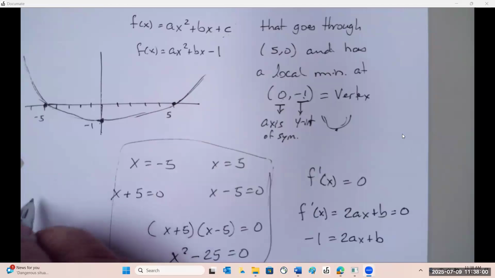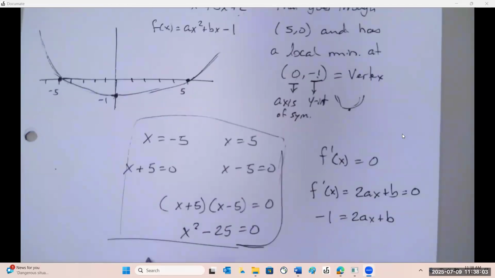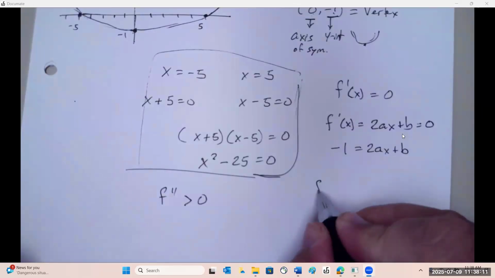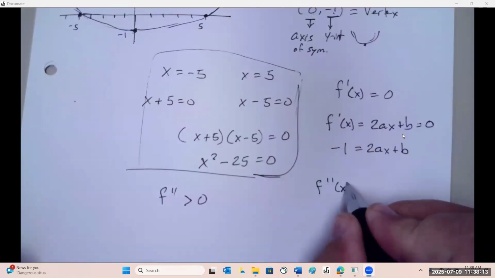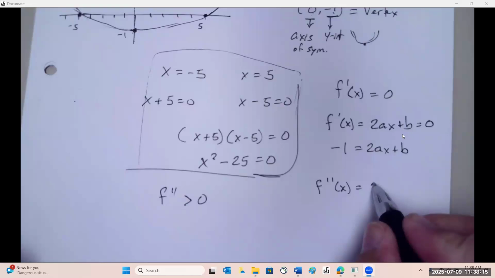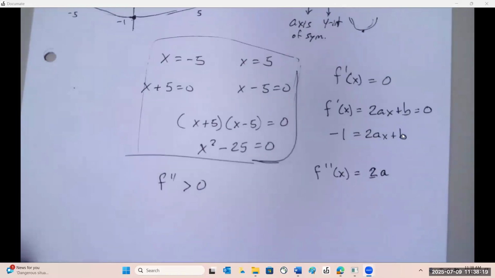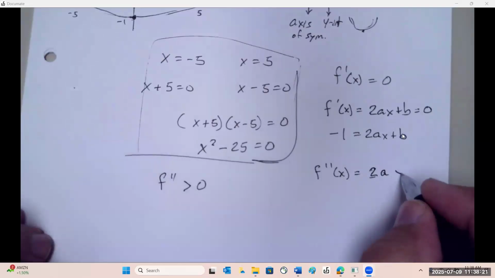So that means the second derivative, since it opens up, has to be greater than 0. So the second derivative of our function is 2a, and that's got to be positive.